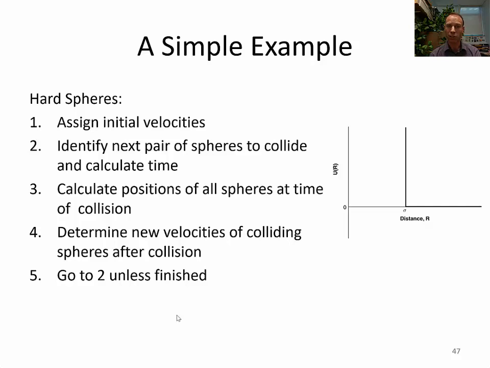Identify the next pair of spheres to collide, and then fast forward to that collision time. And this will allow you to model spheres bouncing around, which is a reasonable way of modelling something like a noble gas. So these gas atoms will diffuse around, bounce off each other, and so on.